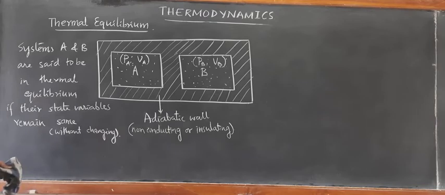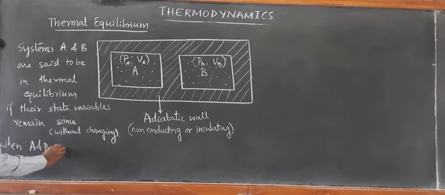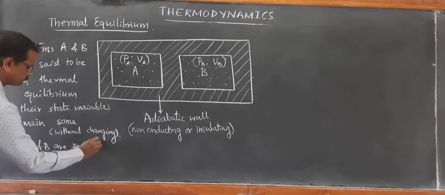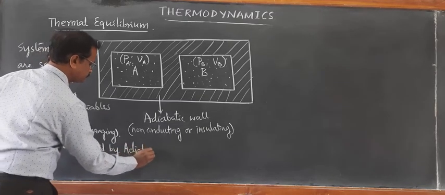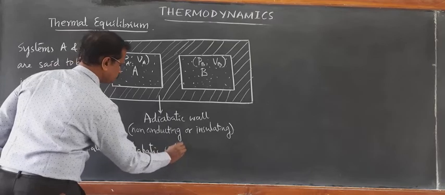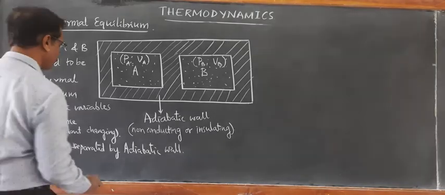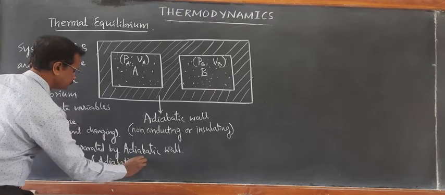So here these systems are separated by an adiabatic wall. Systems A and B are said to be in thermal equilibrium if A and B are separated by an adiabatic wall and adiabatic surroundings. Even the surrounding is also non-conducting: adiabatic wall and adiabatic surrounding.